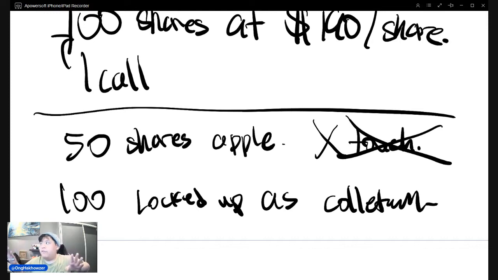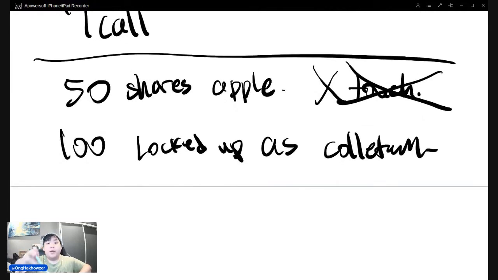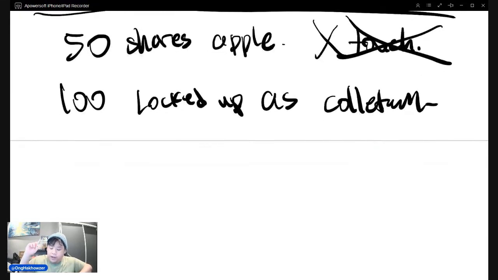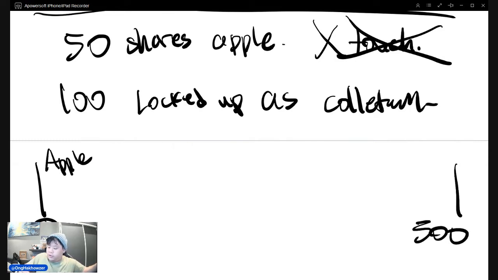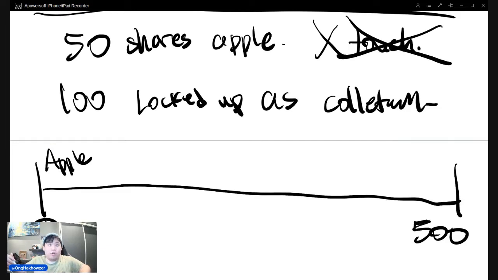And even if Apple were to shoot all the way up to $200, do you care? Because let's not forget, you will only have two different endpoints, okay? Apple go to 0 or Apple go to, let's say, $500, okay? We are now in this sort of spectrum, okay? And maybe over here we sell the call, okay?